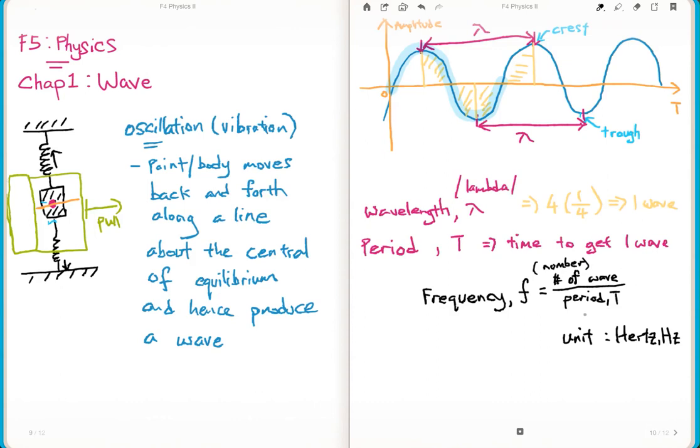Or we put it the other way: number of waves per unit time, or number of oscillations by the vibrating system in 1 second.